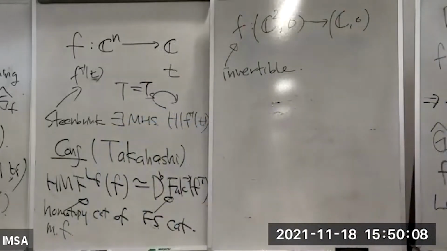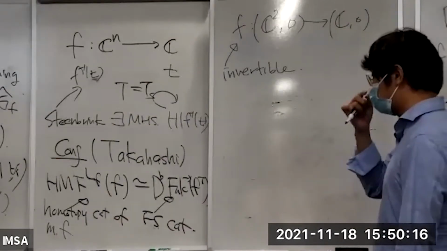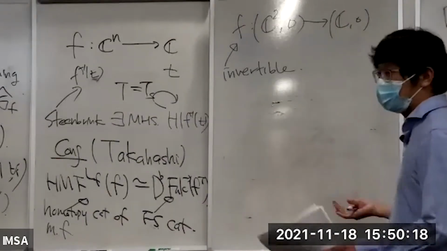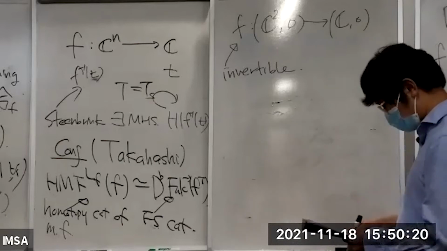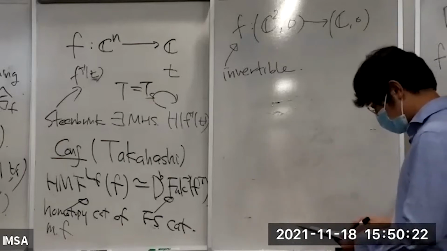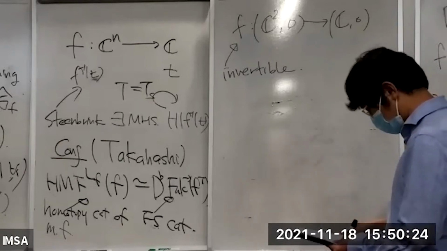One is homological mirror symmetry, and one is the HOMFLY polynomial. What we are trying to do is to combine these two stories together and see what happens.